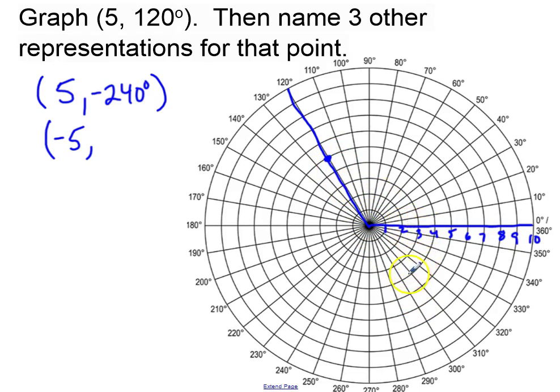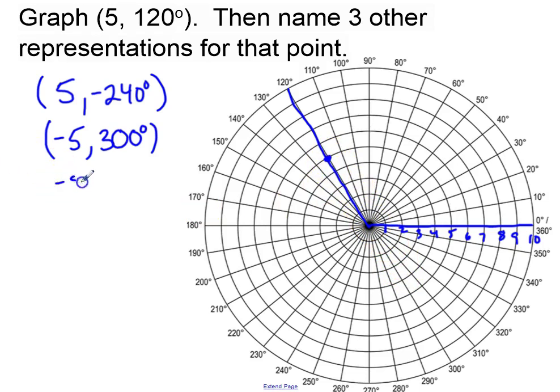So to get down there, I would have needed to be at an angle of 300 degrees, going all the way around. I could have had an angle of 300 degrees. That would have been going around counterclockwise, or I could have come down negatively 60 degrees and then go across the pole.